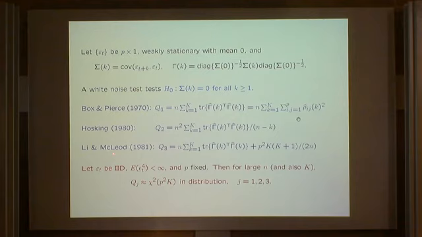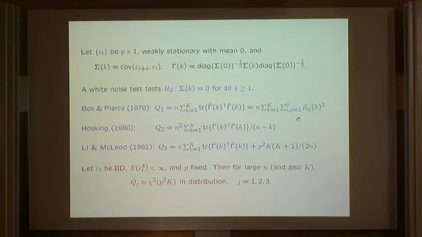Then Li and McLeod, actually this is W.K. Li's PhD thesis, proposed another modification. McLeod is his supervisor. Instead of taking n squared here, they add a constant term. So those two are the variations here.